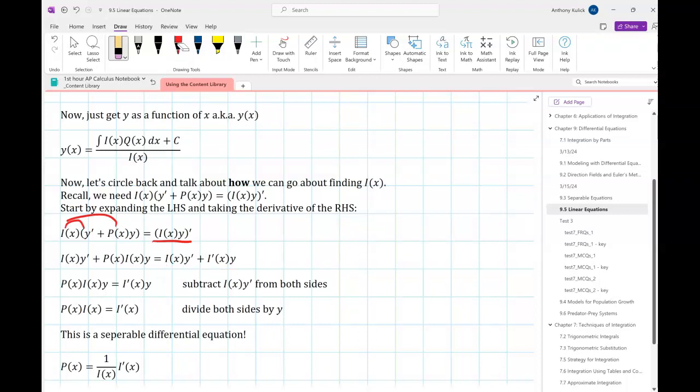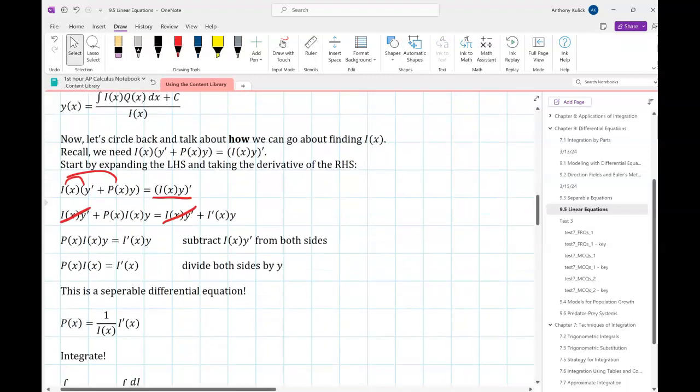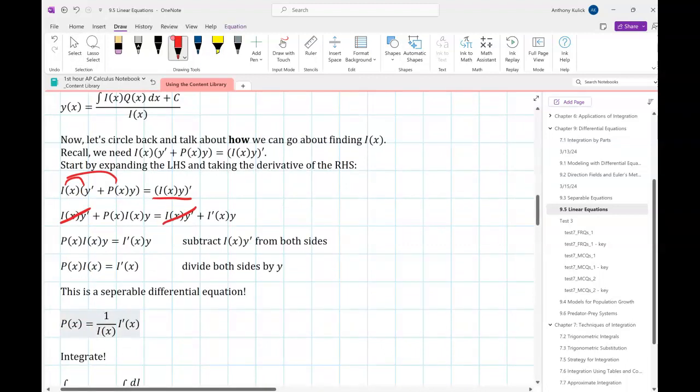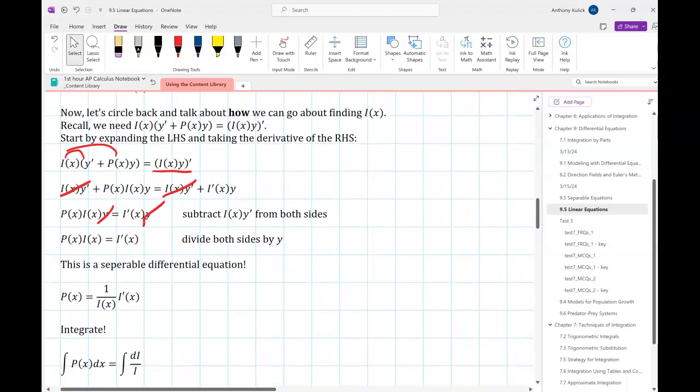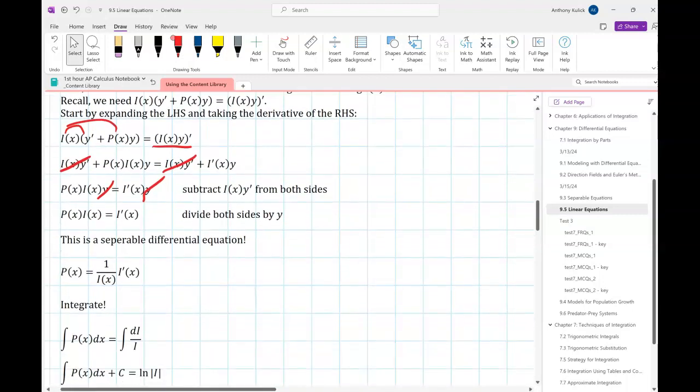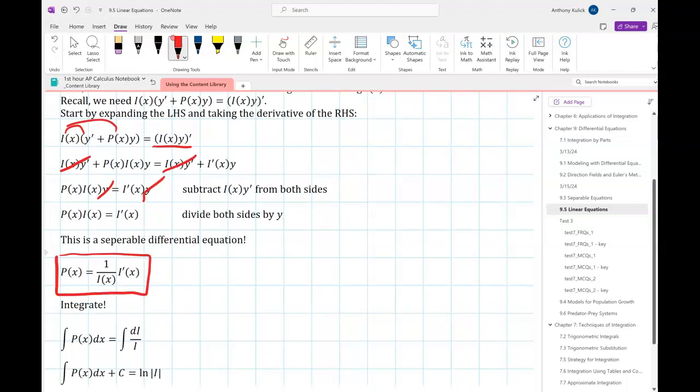I notice that, hey, this guy can cancel out, leaving me with that stuff. And then I can cancel the y's. And I'm here. And that gives me that p of x is going to be 1 over I of x times the derivative of I of x.